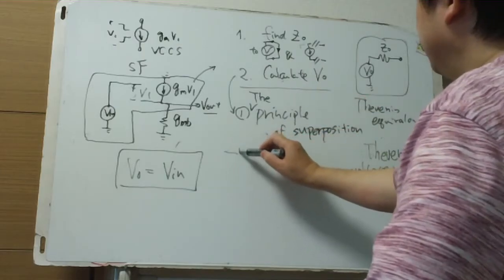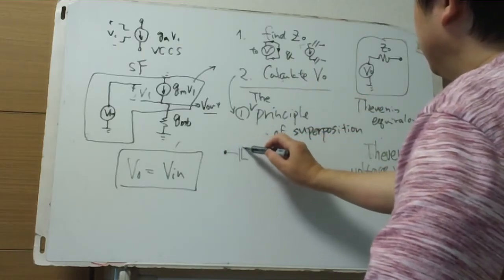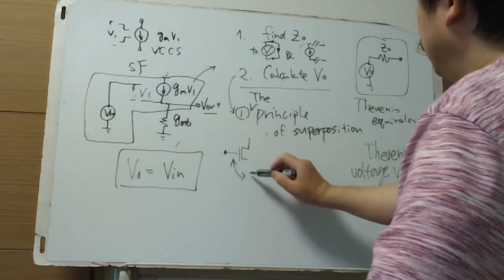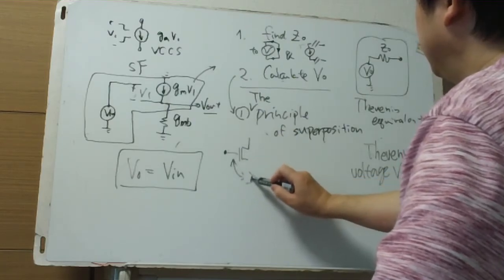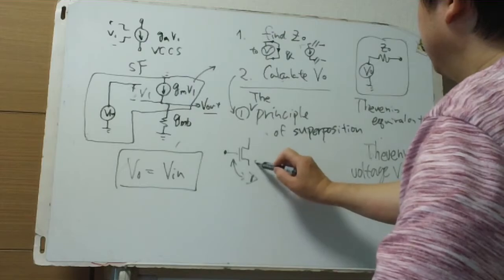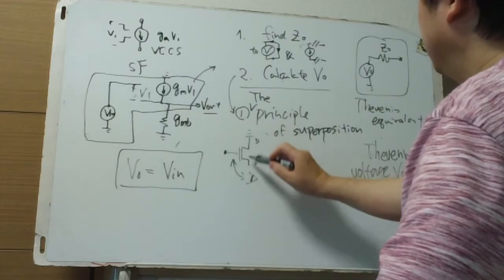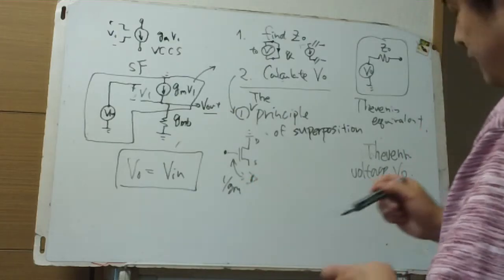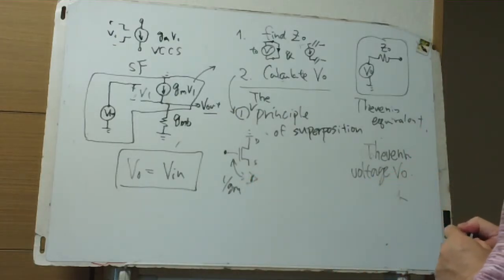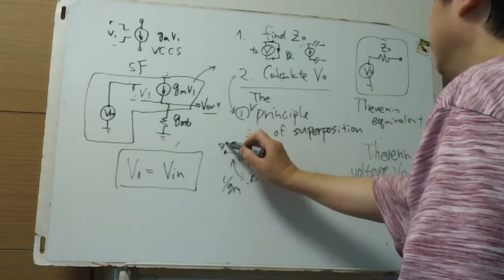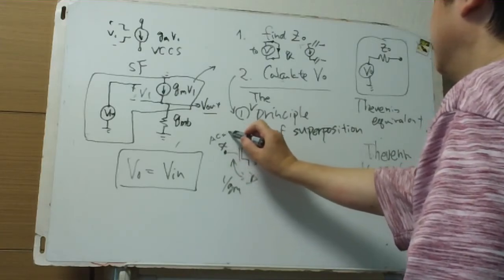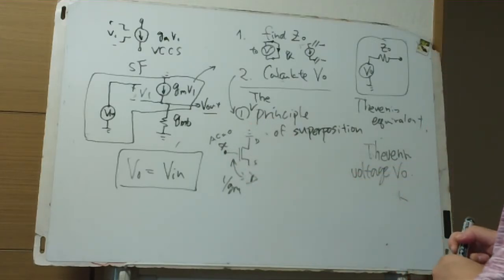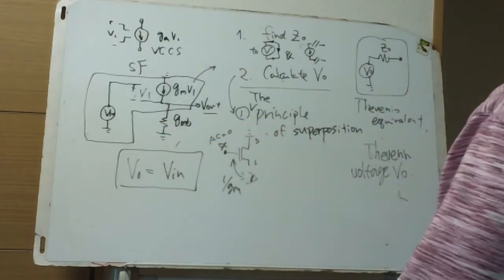Open means DC connected, and looking at here, this is source and drain. There's 1 over GM of resistance, DC or AC 0. Short means AC 0 in small signal equivalent.